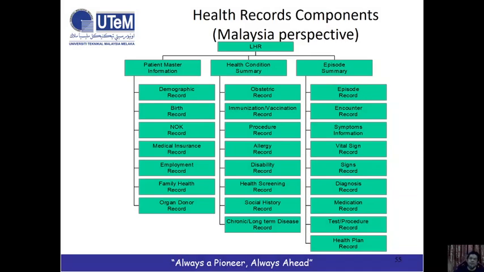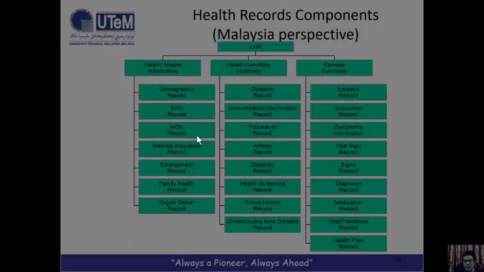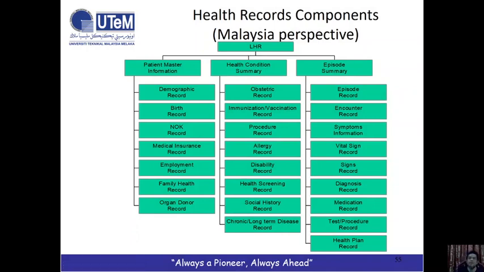Okay, from the PMS and CRS candidate applications, which we get from the analysis of this workflow, we can categorize the health record component into three main components. Yeah, so this is a Malaysia perspective.